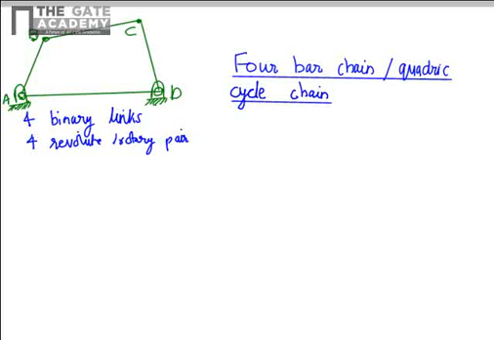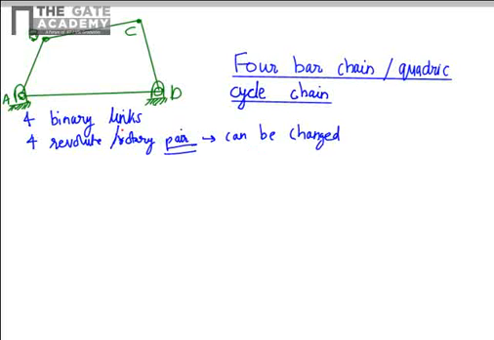So this is the basic version of a 4-bar mechanism. However, as we move along, we will see that the type of pairs can be changed to other class 1 pairs. So the revolute joint is a class 1 pair, so it can be changed to other class 1 pairs.